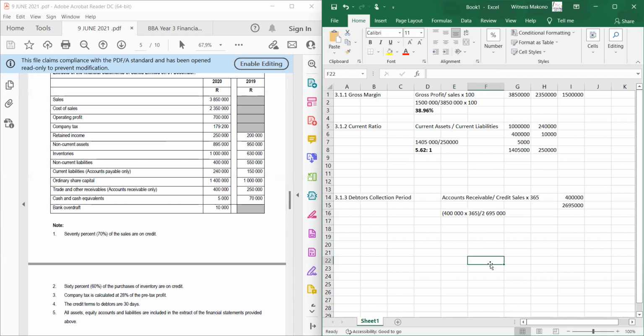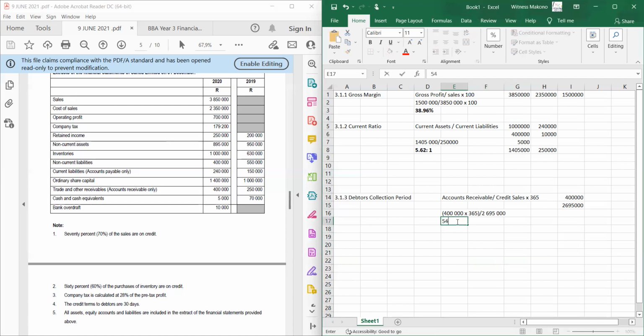So let's calculate. 400,000 times 365, divided by 2,695,123, gives you 54.17. That's what I got also.